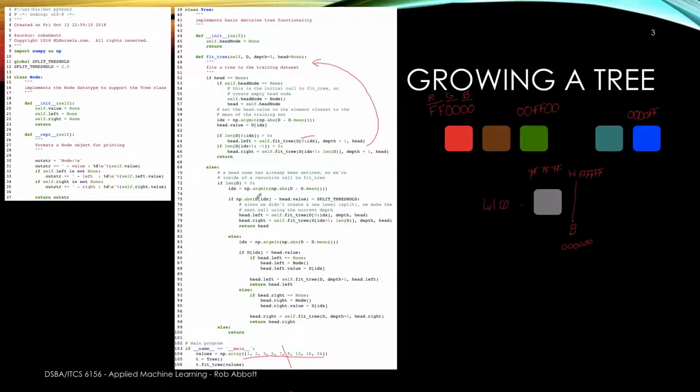And I do my check again to see if the absolute value, actually this is a new check. I check to see if the absolute value of D sub IDX, which is this mean value that we just pulled out, minus the value of the head node is less than some split threshold.